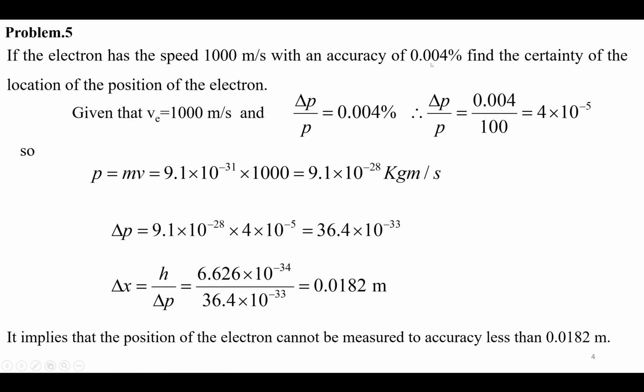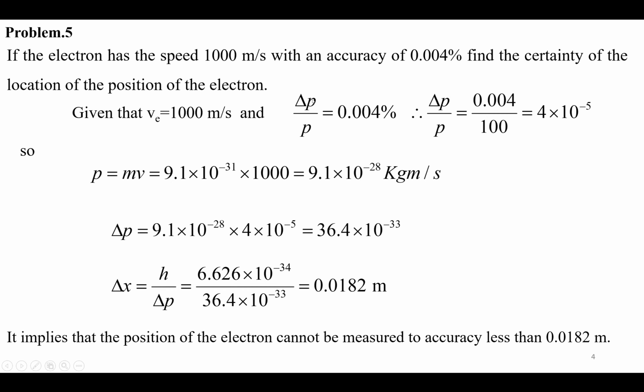So del V by V equals 0.004%. So multiply and divide by m, that will give you del P by P, which is equal to 0.004%. So del P by P will give us 0.004 divided by 100, which is nothing but 4 into 10 power minus 5.